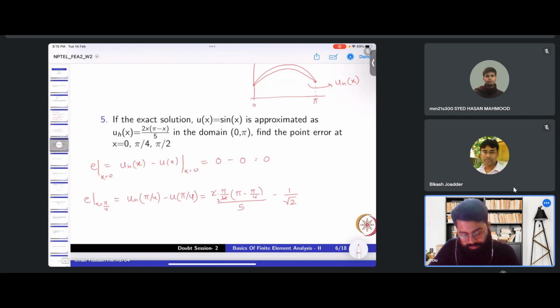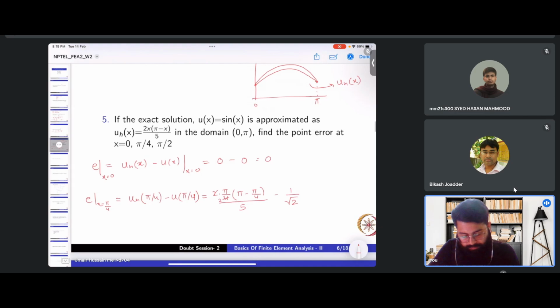Thanks. So we have pi minus pi by 4 is 3 pi by 4, and then we have 3 pi square by 4 divided by 10 and 1 by root 2. So this becomes 3 pi square by 40 and a 1 by root 2.